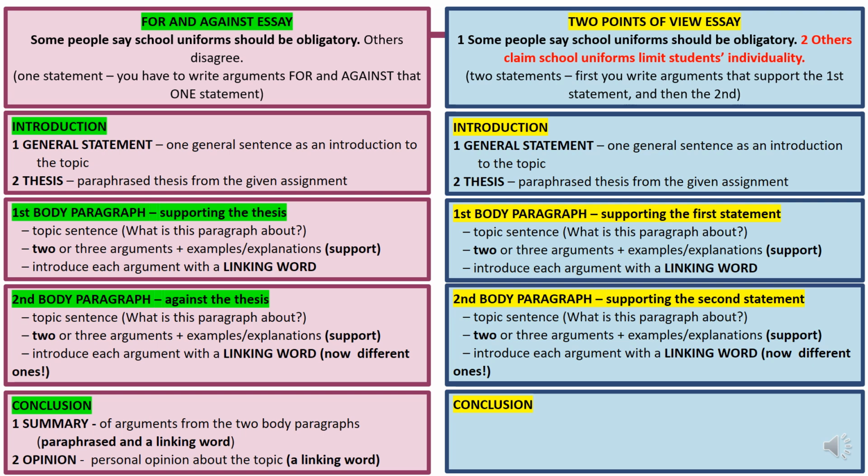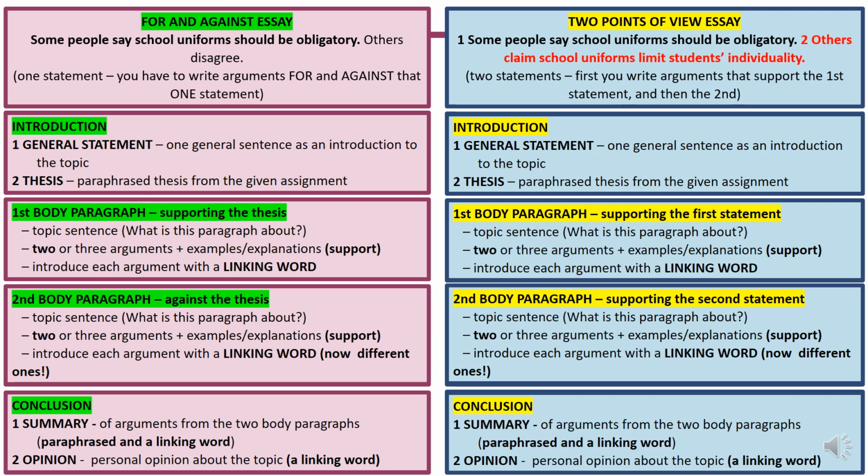And this is also the structure of the second body paragraph, in which you are listing the arguments supporting the second statement. Give topic sentence or topic phrase on the other hand, then 2 or 3 arguments with support, and also using linking words that now have to be different linking words than the ones you used in the previous paragraph. Conclusion, once again, needs 2 parts.